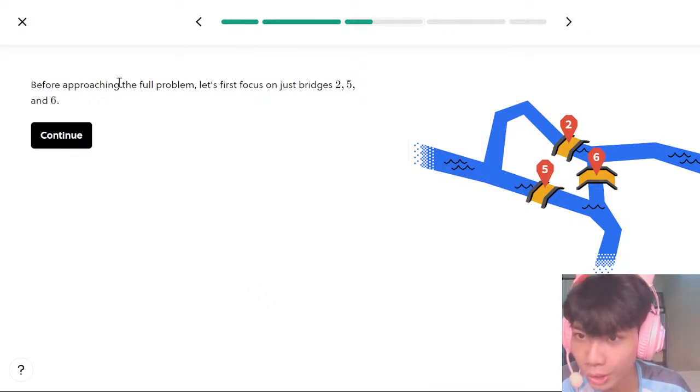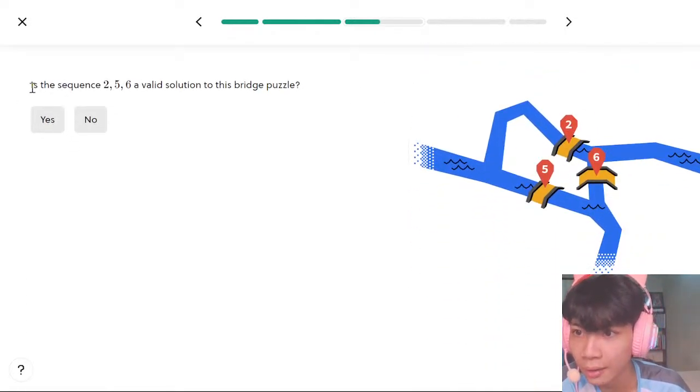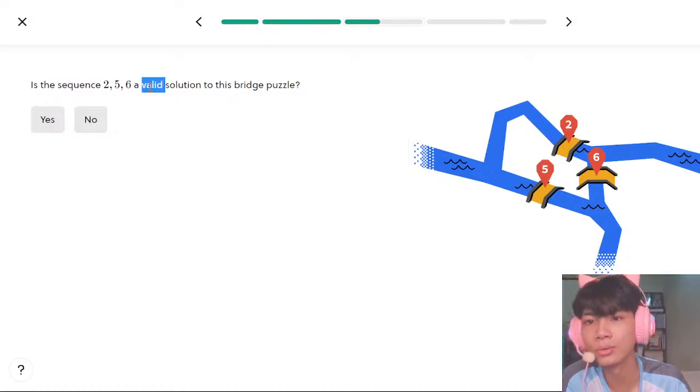So before approaching the full problem, let's first focus on just bridges 2, 5, and 6. Is the sequence 2, 5, 6 a valid solution?